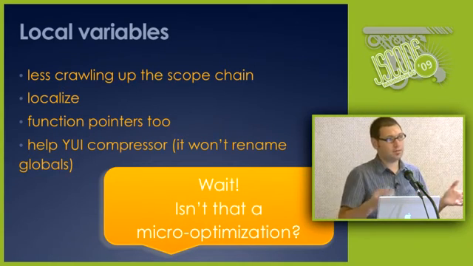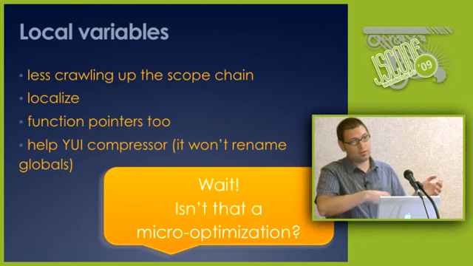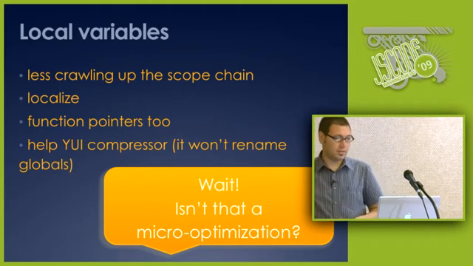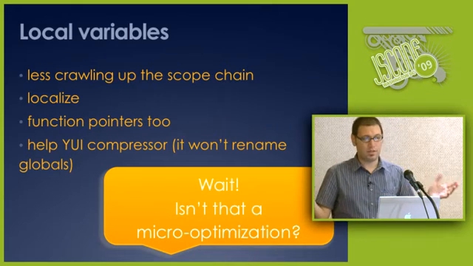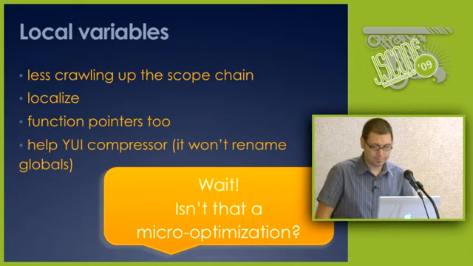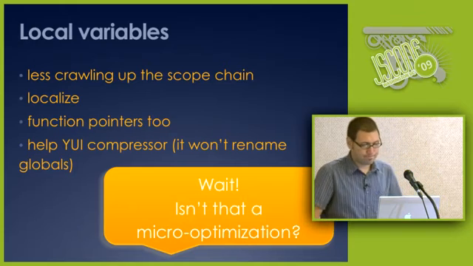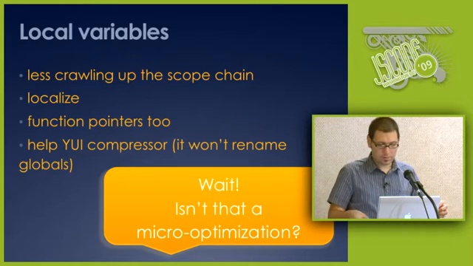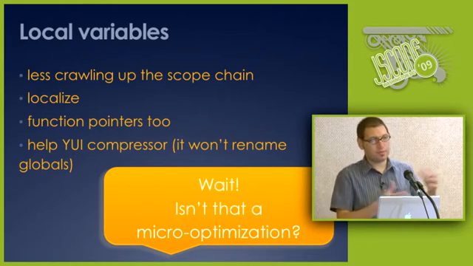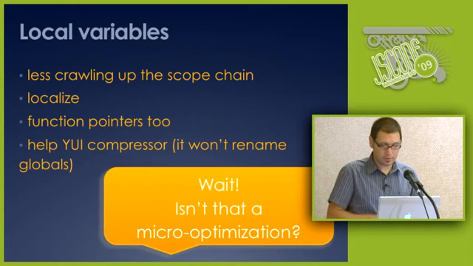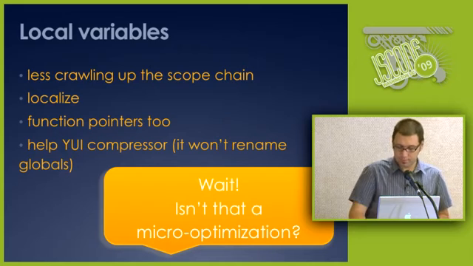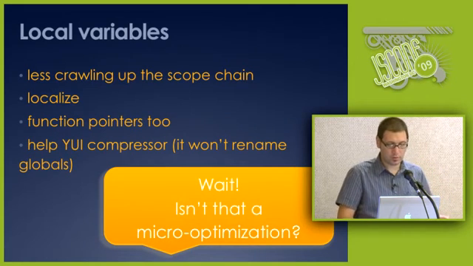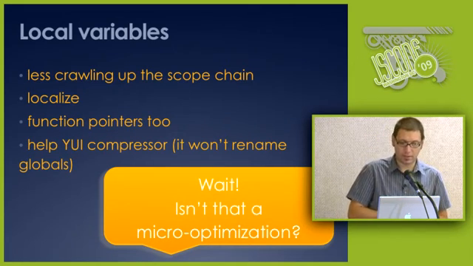But with something like yahoo.util.dom.getxy in YUI, the compressor will not change the name because it's globally accessible. It's risky to rename any of these because there'll be breakage. So just be careful with that and don't fall into too much micro optimization.